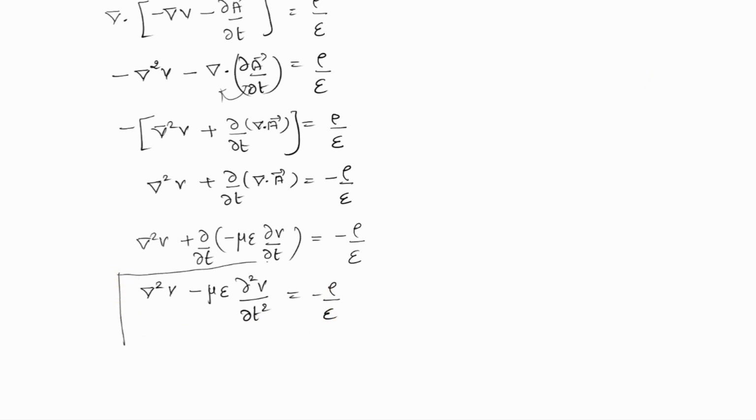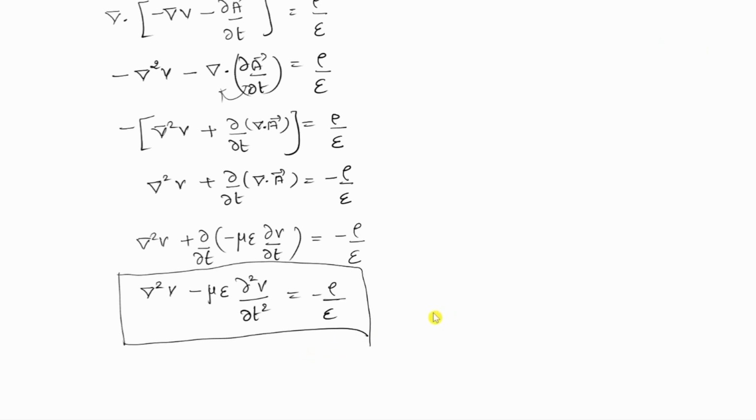This equation is known as the non-homogeneous wave equation of scalar potential, because it contains scalar potential terms and only second order derivatives, and it is non-homogeneous because it doesn't have zero on the right side. So this equation is known as the non-homogeneous wave equation for scalar potential.